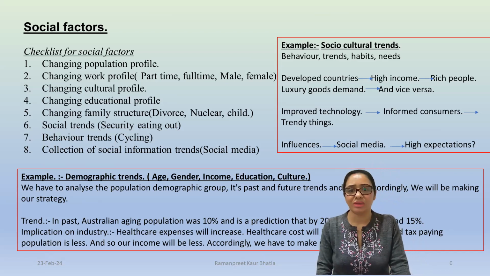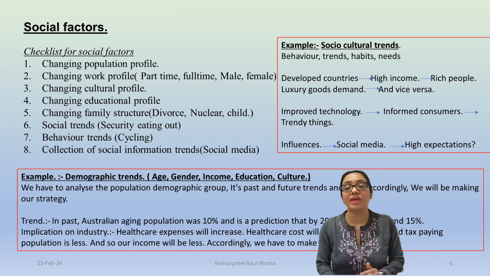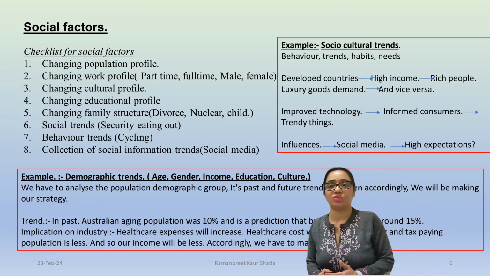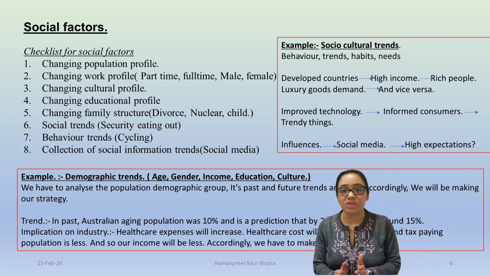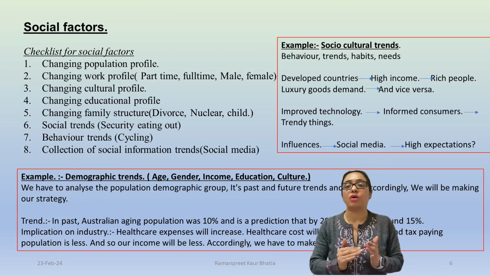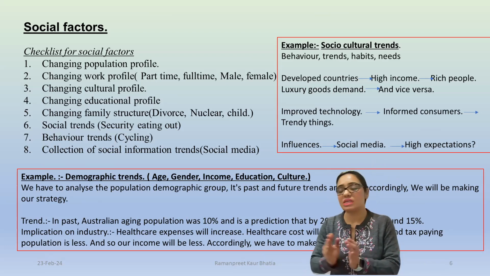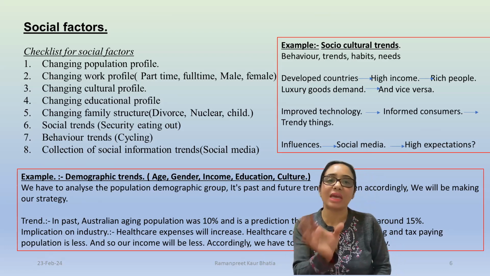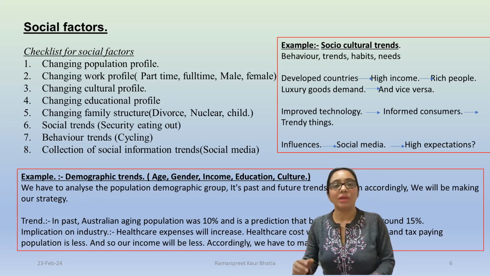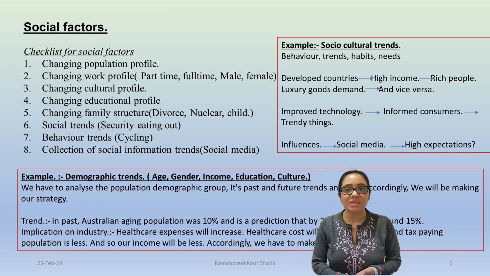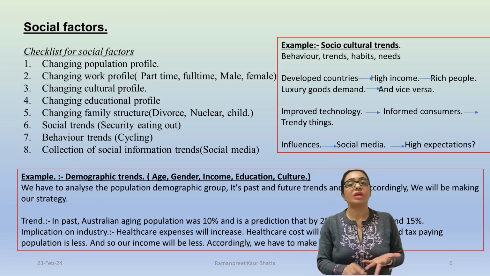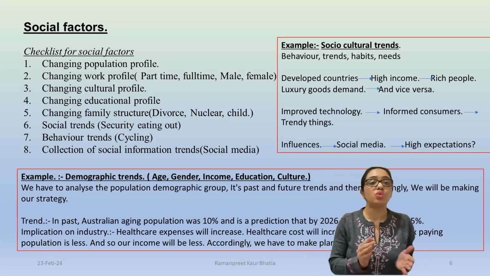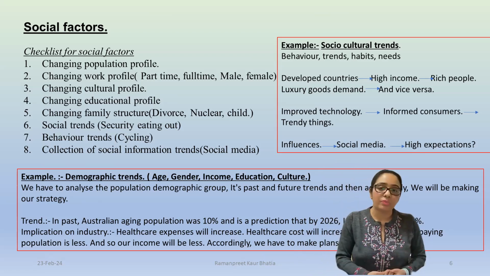What does this mean? Population changes can affect the needs of the population. Accordingly, we need to set up a strategy to raise or lower the product cost. If most of my population is the aging population, that means they would need more medical facilities. That means they would need more hospitals, and my expenditure on total health care will be more.